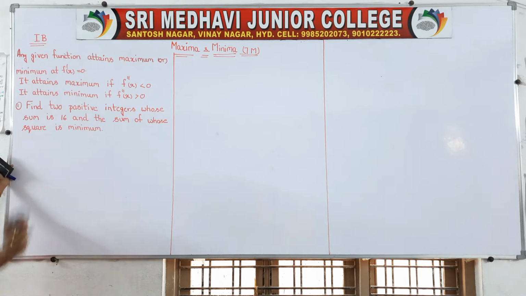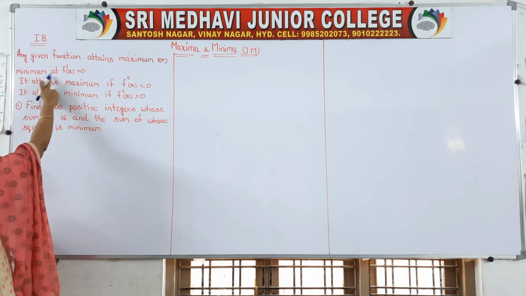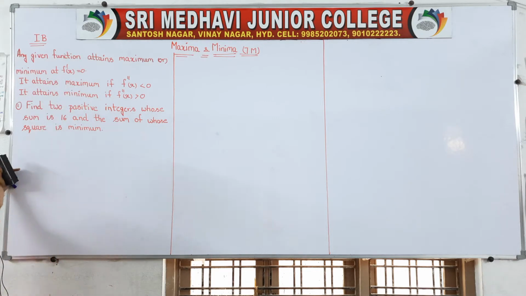take one question. Any given function attains maximum or minimum at f dash x is equal to 0. So at which x the function attains either maximum or minimum means at f dash x is equal to 0.